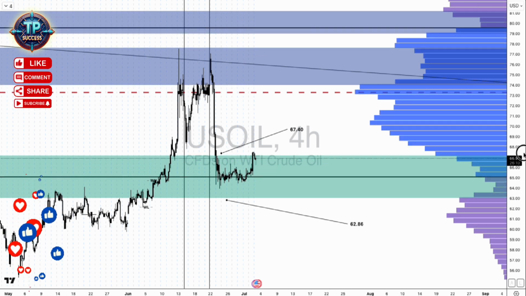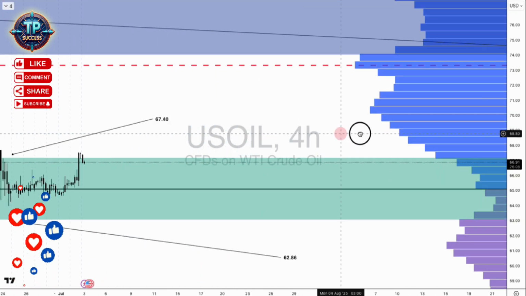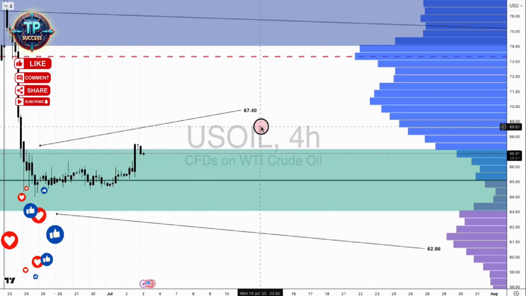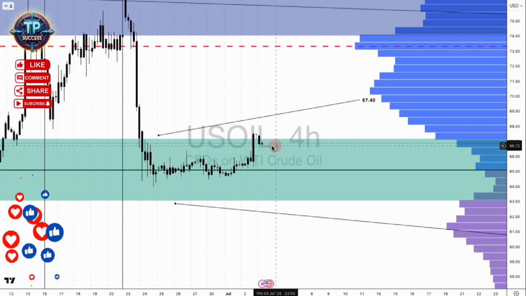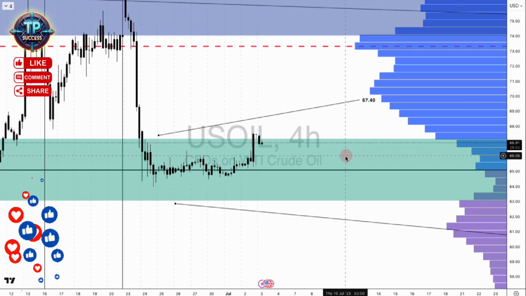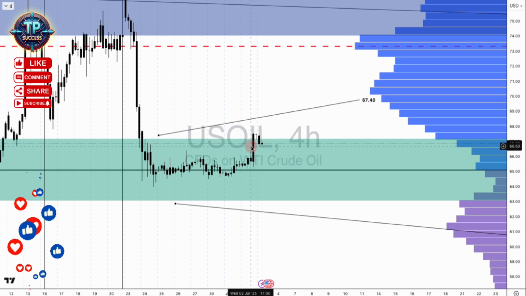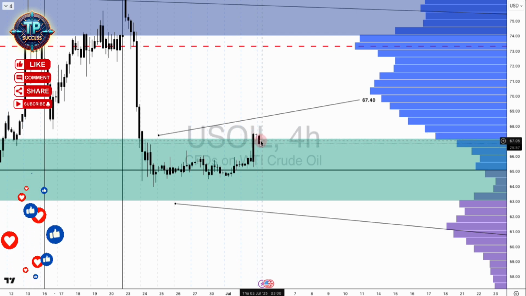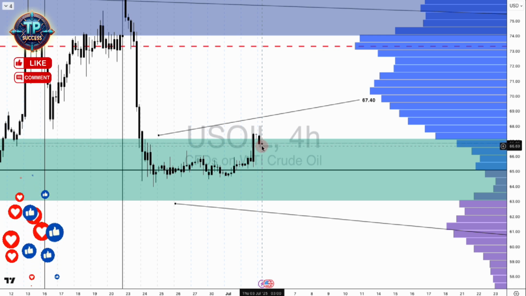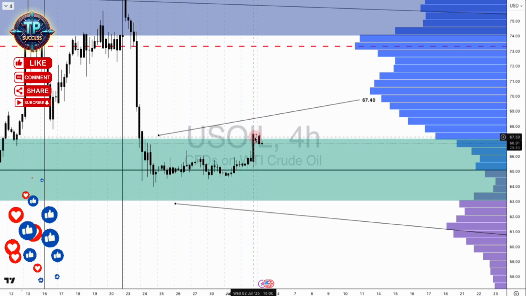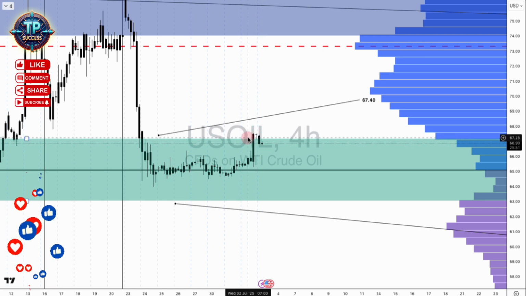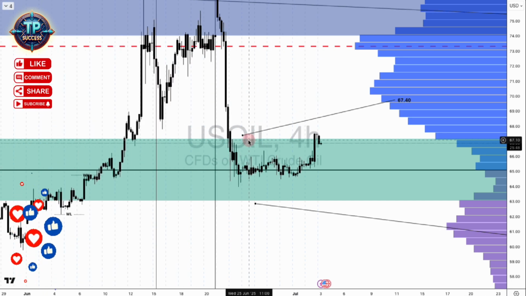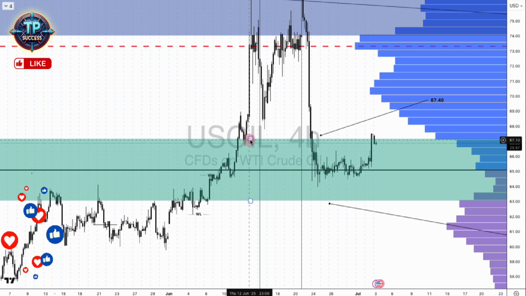And what we do have, if I go in even closer, is that we had price close above the low value node area. So it's closed above it, and now it has come back into it, right? But it has closed above it. So at this point, this doesn't really tell us anything, right?